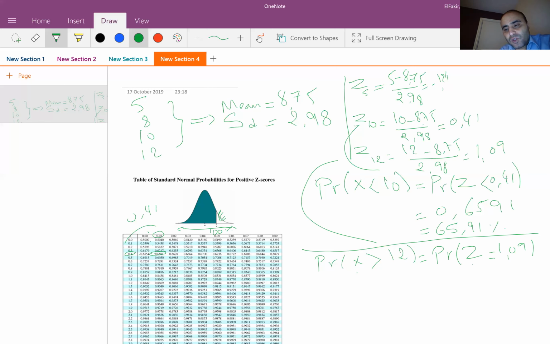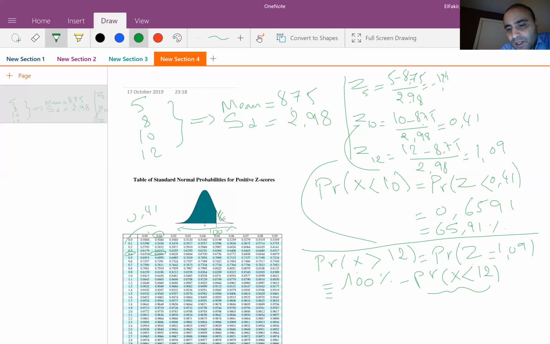So in order to find this small bit here, we can do 100% minus the probability of x being below 12. Why below? Because the standard distribution table gives us the values below.